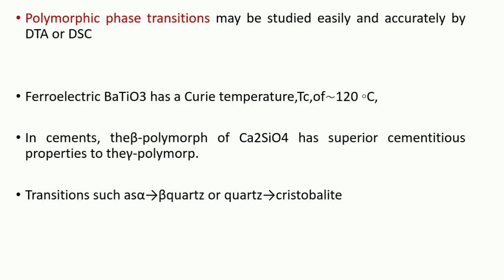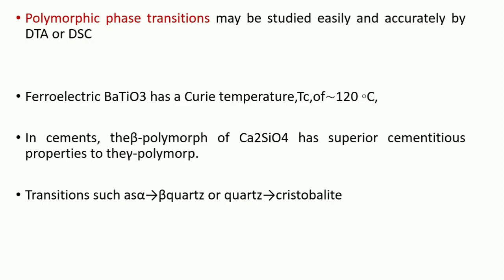In cements, the beta polymorph of Ca2SiO4, calcium silicate, has superior cementitious properties to the gamma polymorph. The effect of different additives on the transition can be studied by DTA as well as DSC.